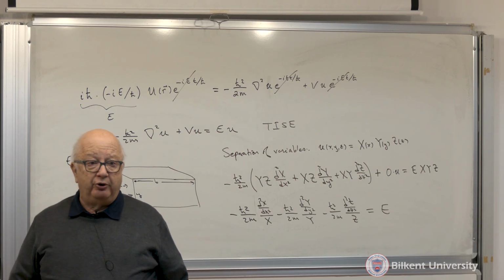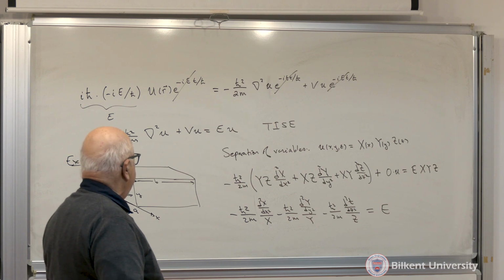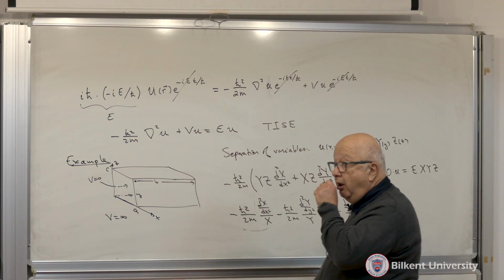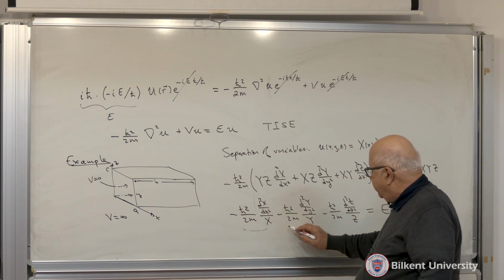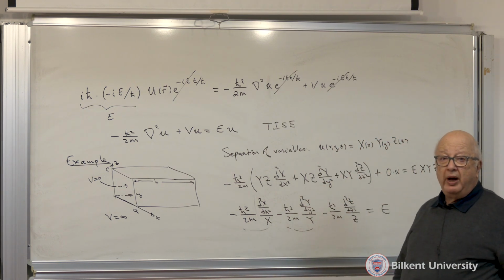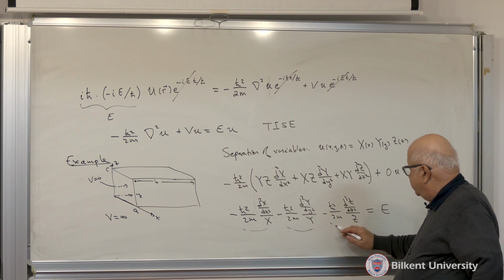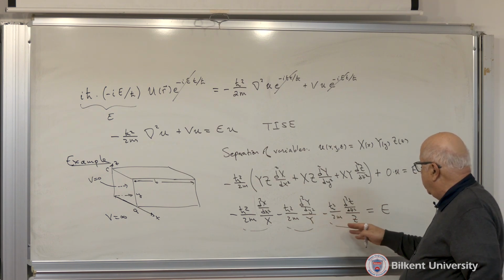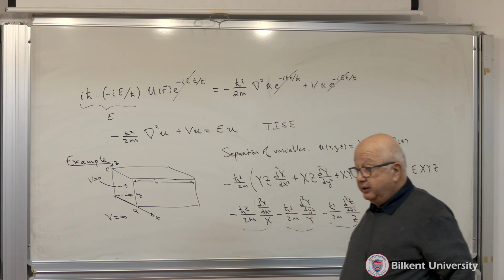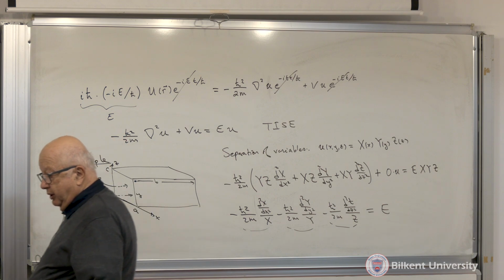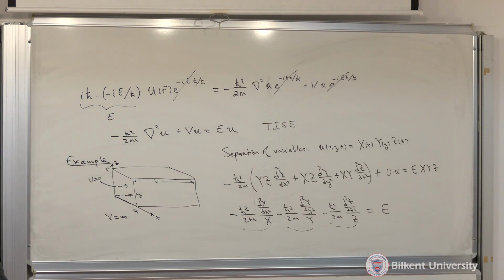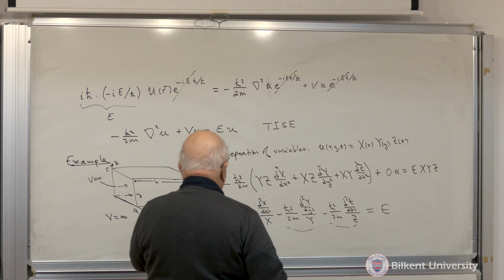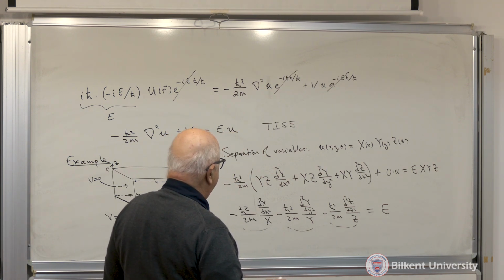Now the standard argument goes that I have something which is a function of x only here, this is a function of y only, and that is a function of z only. And they have to add up so that I get a constant. So how is that possible?